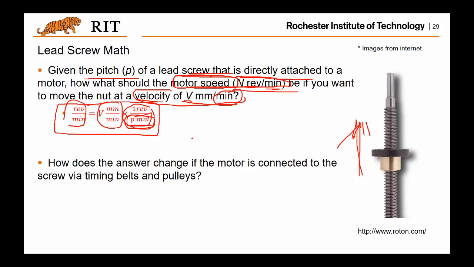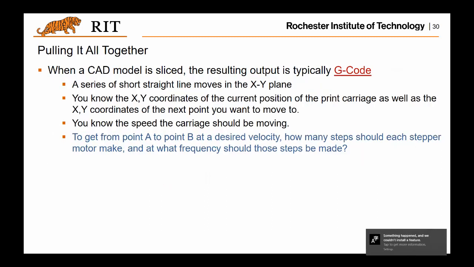And in the opposite way, if you know the revolution, either the turns or the speed of the revolution, you can easily come up with the distance it travels along this direction, or the speed it travels in this direction, right? Does it make sense to you? Any questions about this? Okay, good.